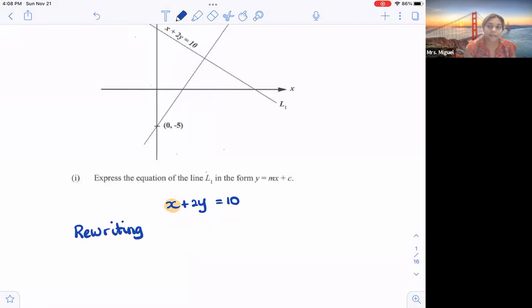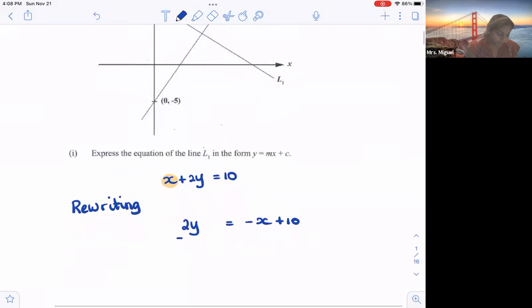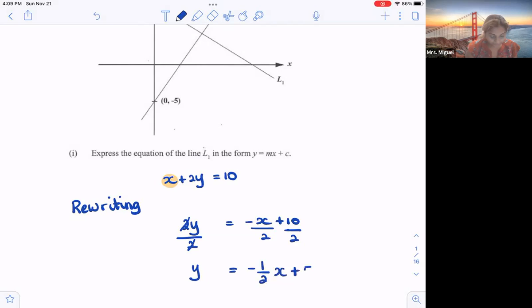On one side of the equation, x is positive, so when I move it to the other side, it becomes negative. So I have 2y. The question didn't ask me for 2y, the question asked for 1y, so I need to divide each term by 2. So this is y equal to negative a half x plus 5.